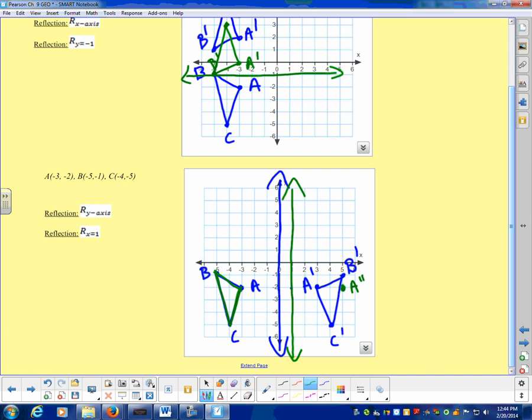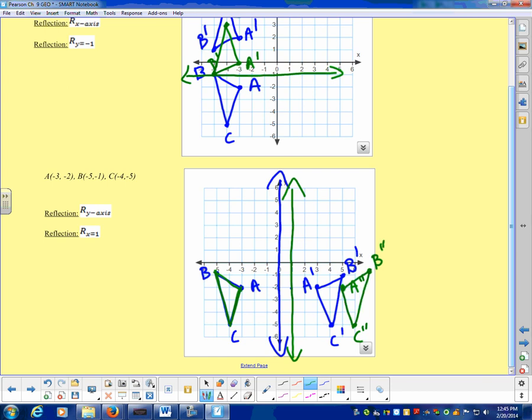And then C would be 1, 2, 3, 4, 5. So here's C double prime. And then B, I think, goes off the grid a bit. 1, 2, 3, 4, 5, 6. 1, 2, 3, 4, 5. Should be about right here. Then you connect the 3.